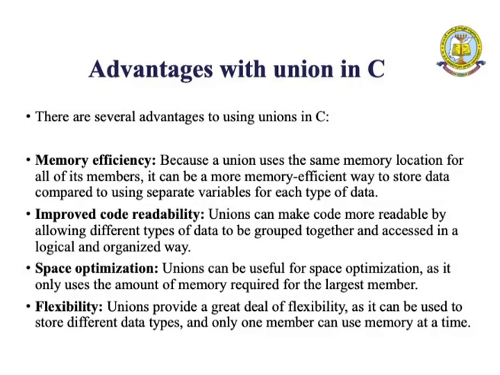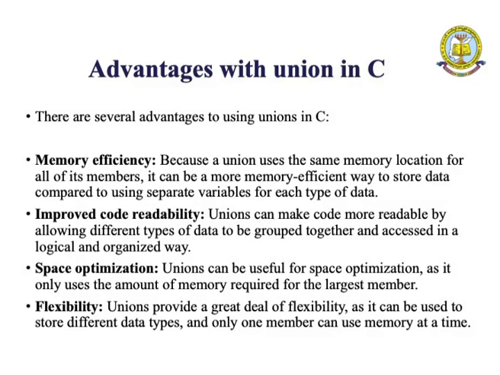Unions can make the code more readable by allowing different types of data to be grouped together and accessed in a logical, organized way. Space optimization: unions help us utilize space effectively. And flexibility: a union provides a great deal of flexibility as it can be used to store different types, and only one member can use the memory at a time.